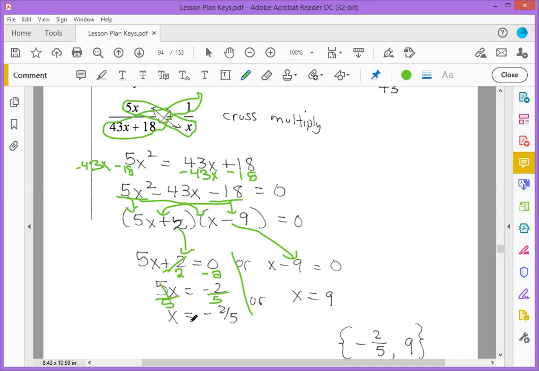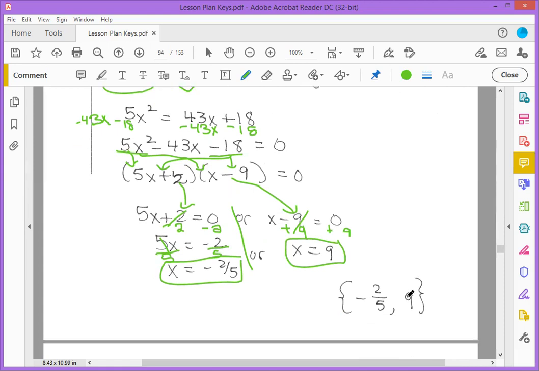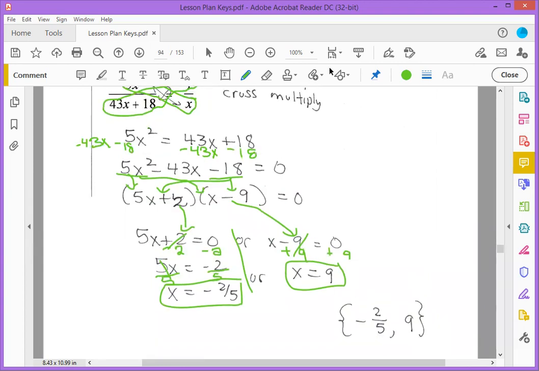So we'll get x equals -2/5, or that second factor, x minus 9 equals 0, we're going to add 9 to both sides of the equation, and we'll get x equals 9. There are two solutions, -2/5 or 9. And we'll stop here. That's the last example from this section.